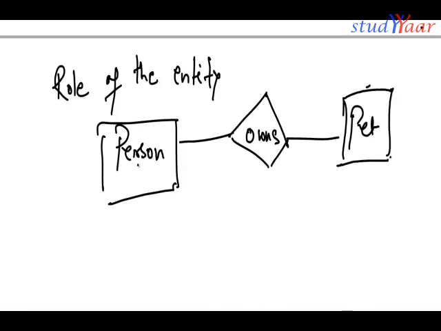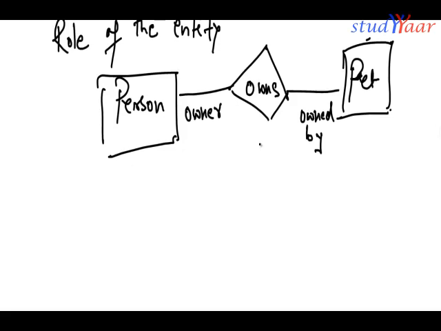So the role of the person in our case is that of owner. He is interacting as an owner. And the pet is interacting as something that is owned by. So the pet is owned by the owner, and the owner owns a pet. So every entity has a role.